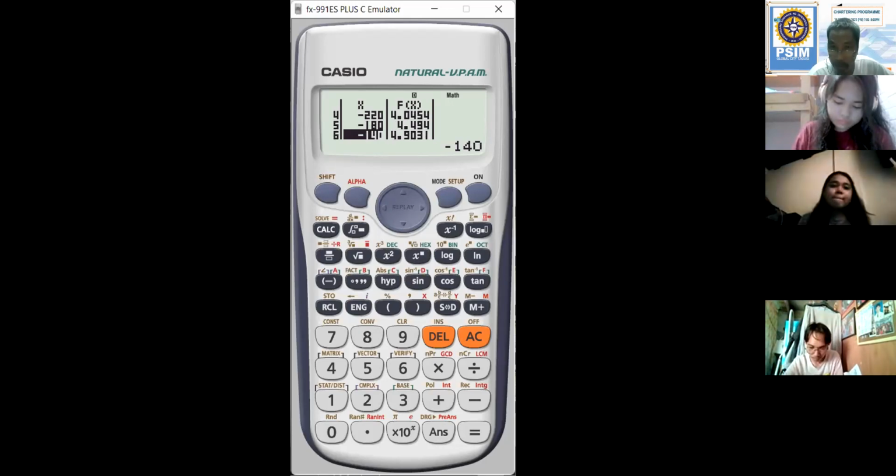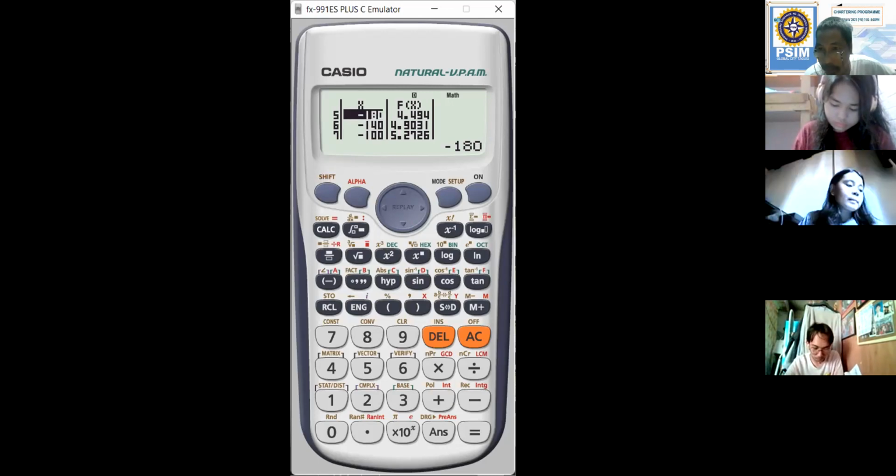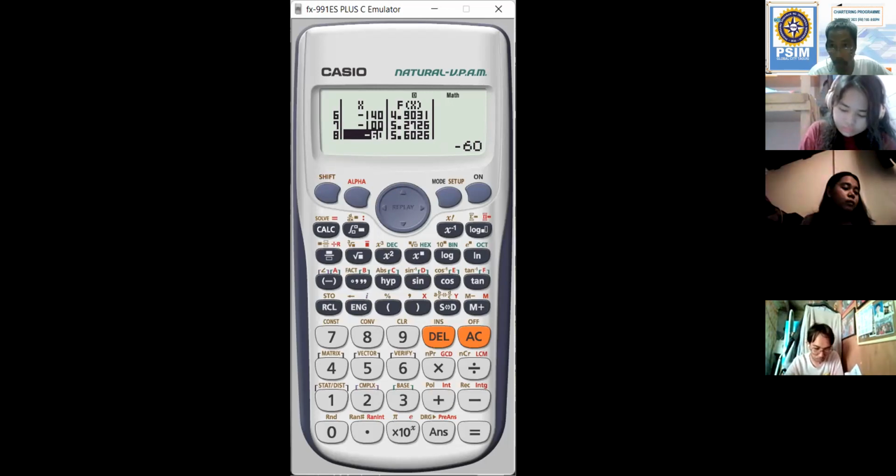There is no negative 160 because our step is 40. We have 180 then 140. But we can use the ratio and proportion method in order to find out the value for negative 160 and negative 180.